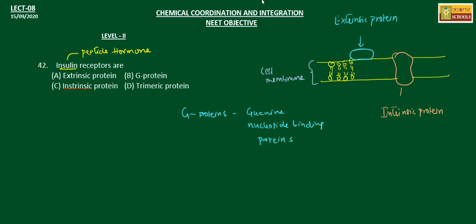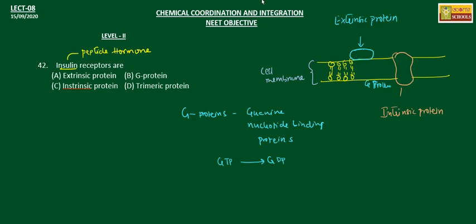Inside the cell there will be these G proteins, and they will convert GTP to GDP, which results in a chain of reactions inside the cell.